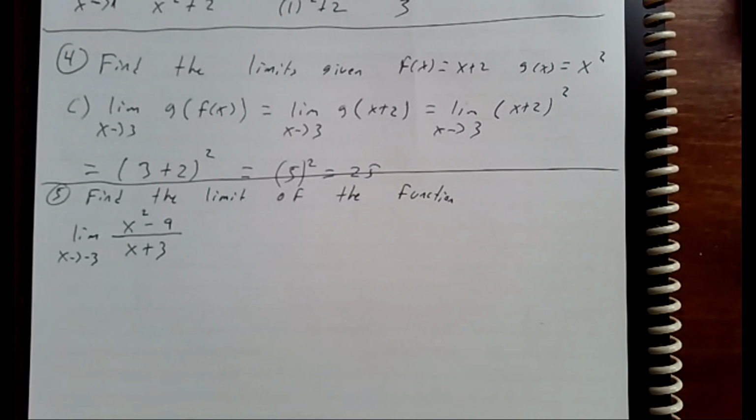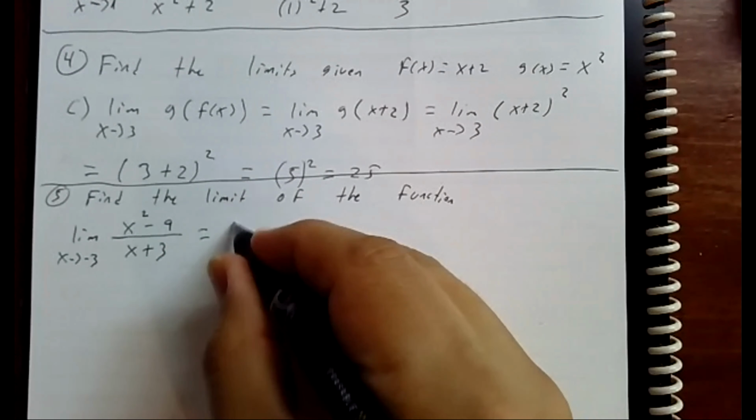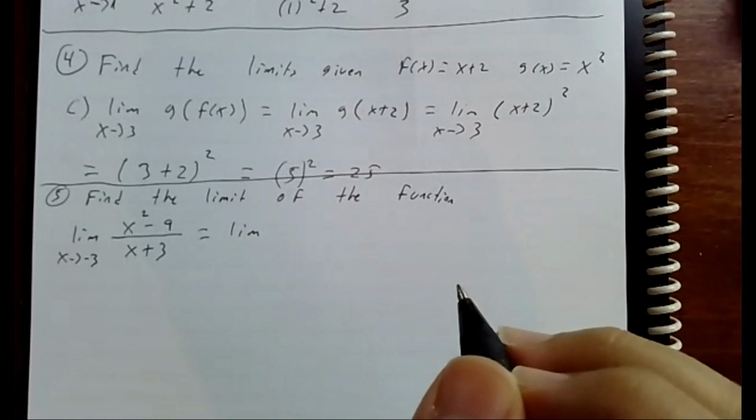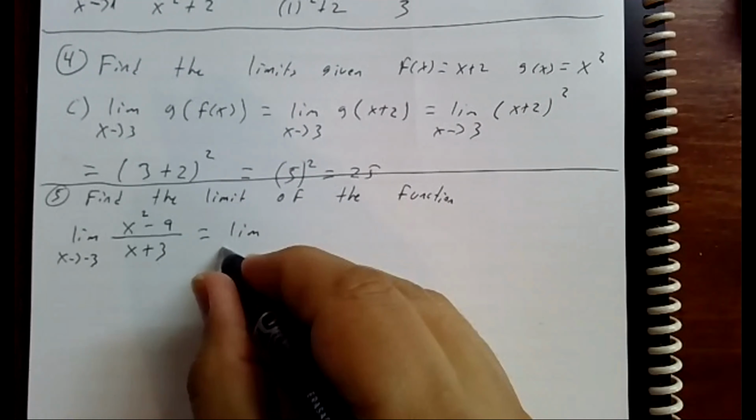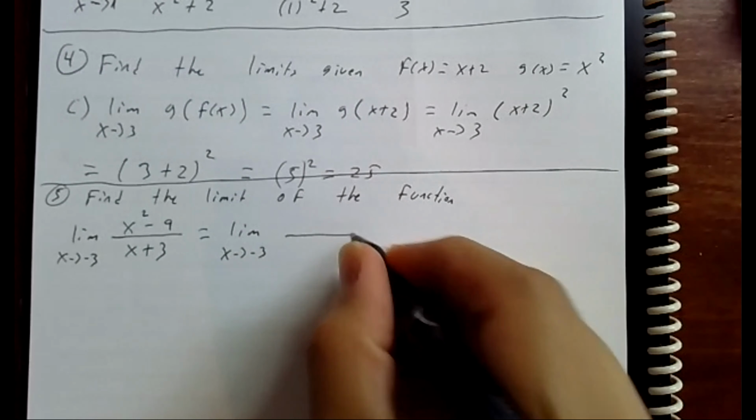Yeah, I see it. So I can't do what I did with 1 through 4. One thing you could do is graph it and look from the left and right like we did last section, but we're doing analytical techniques, not graphical. So let's not do that right now. But you could technically. So what I'm going to do is factor the top using the difference of squares.